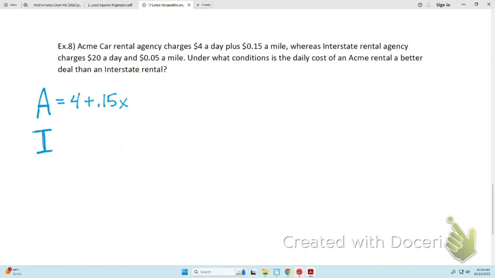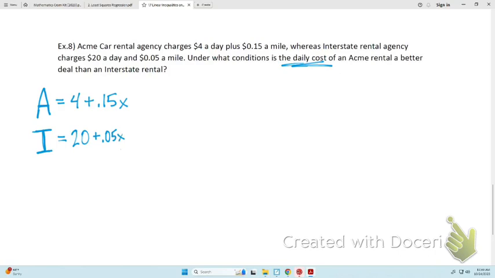This is a plan for just a single day. Notice it says daily cost right here. So the number of days is not in question. For interstate, 20 bucks a day plus 5 cents a mile.